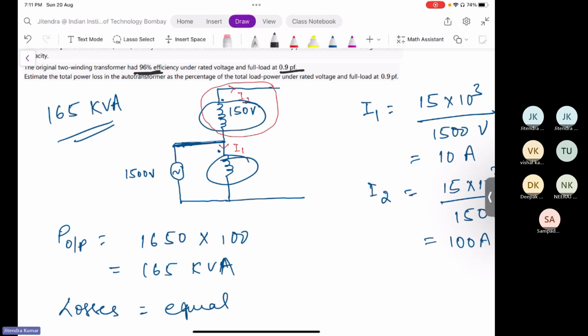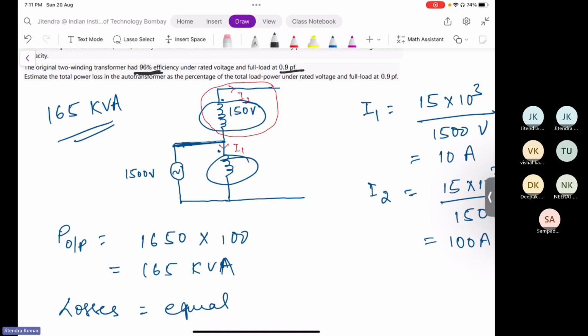Or if you are given with the rating of two winding transformer, that same power, if that two winding transformer is reconfigured as an auto transformer, then the same value will be transferred inductively in an auto transformer. Did you get that statement?